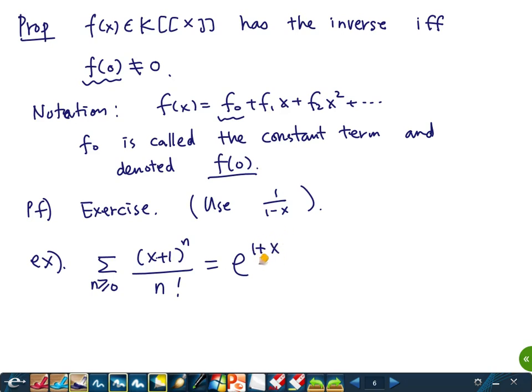This has radius of convergence infinity, so you can plug in anything for x, and it will converge. So it is perfectly fine in calculus, but this is not a formal power series. We will not consider a series like this. This is analytically okay, but not a formal power series.